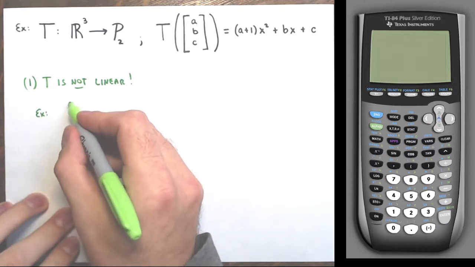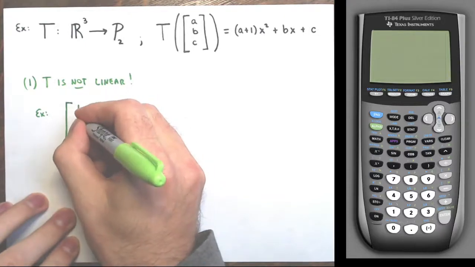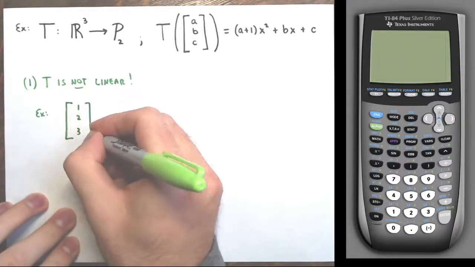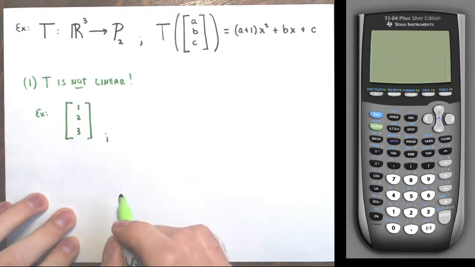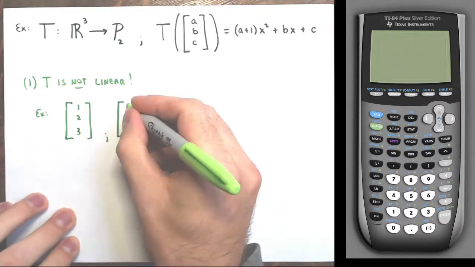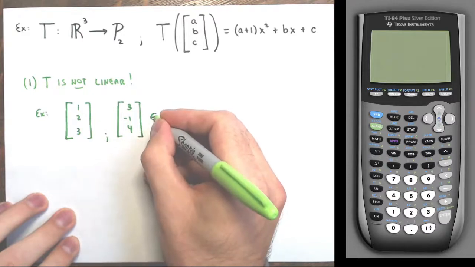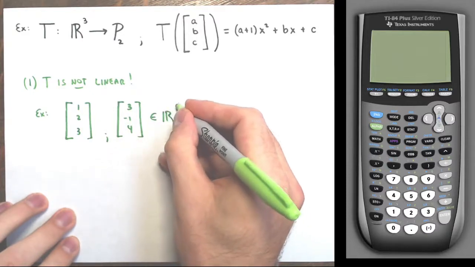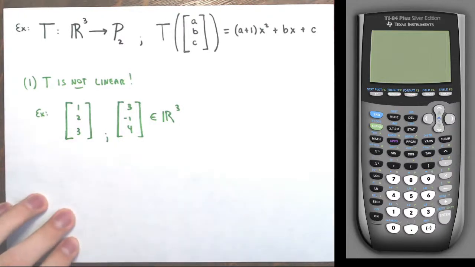So here's a vector from R3, say (1, 2, 3). Right, this belongs to R3. And let's pick another vector here, say (3, negative 1, 4). Why not? Both of these belong to R3, correct? And they are clearly not the same vector.